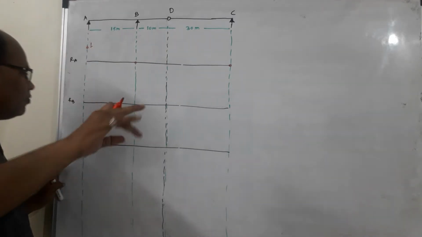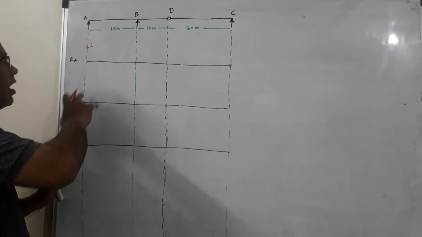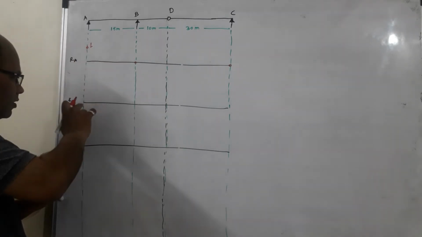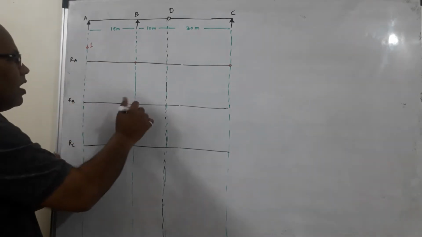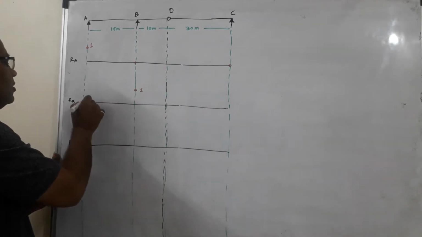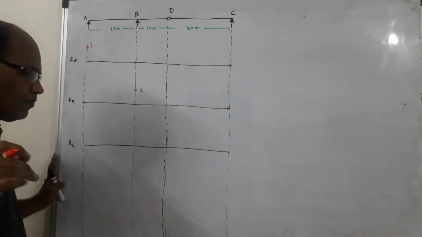When you want to draw ILD for RB, see again, when I wanted to draw ILD for RA, I marked 1 at A. When you want to draw ILD for RB, mark 1 at B, mark 0 at A, mark 0 at C also.